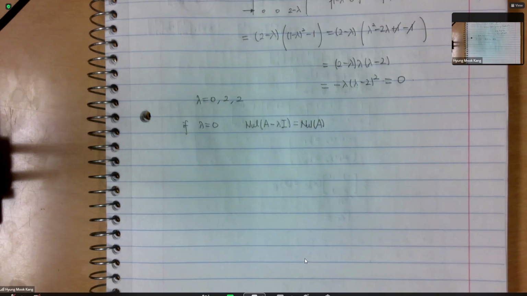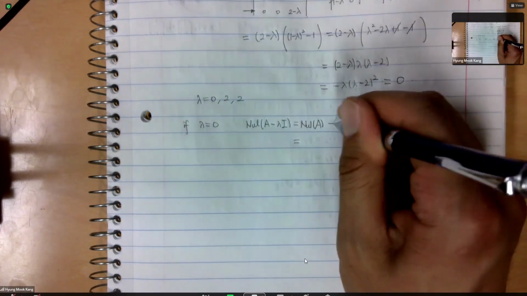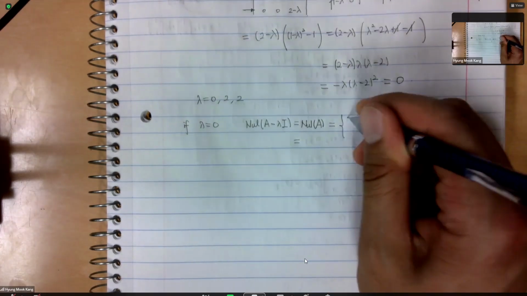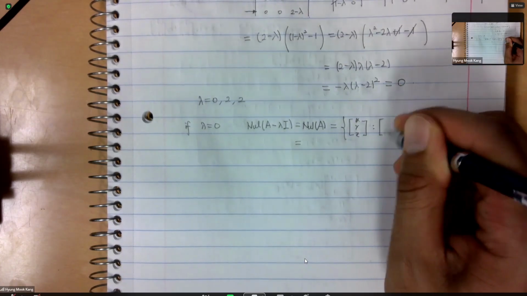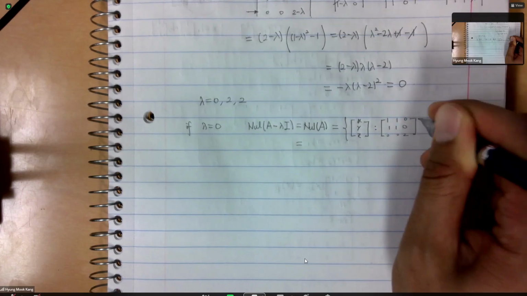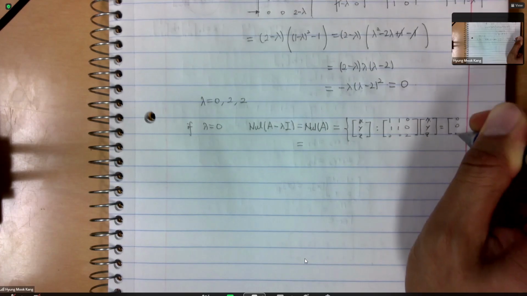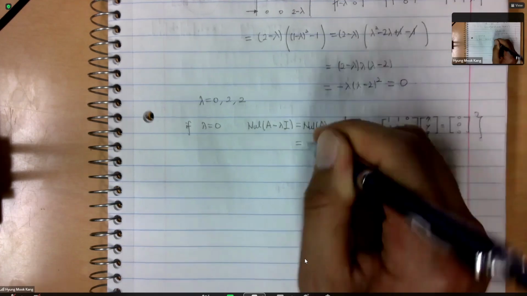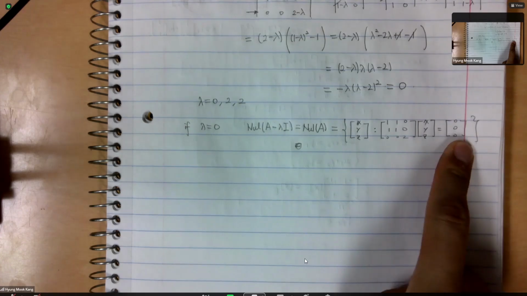So let's write it this way. The null space by definition is the set of vectors such that multiplied by A gives us the 0 vector. So it boils down to solving a system of linear equations, a homogeneous one, because the right hand side is 0.